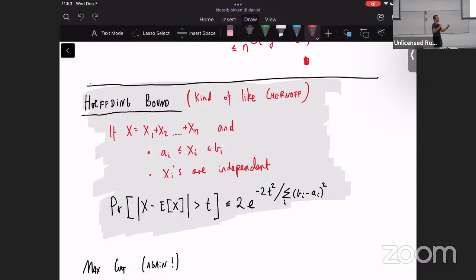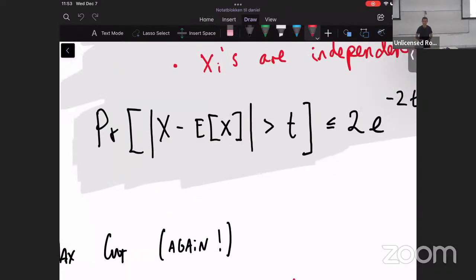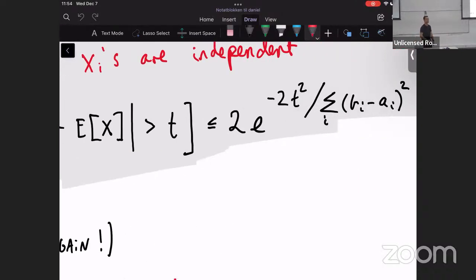Your xi's are independent, then the probability that x differs from its expectation by at least something is inverse exponential in something squared, divided by the sum of the squares of the range sizes.